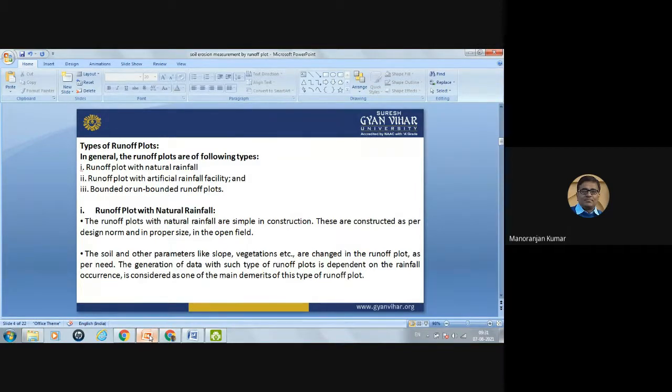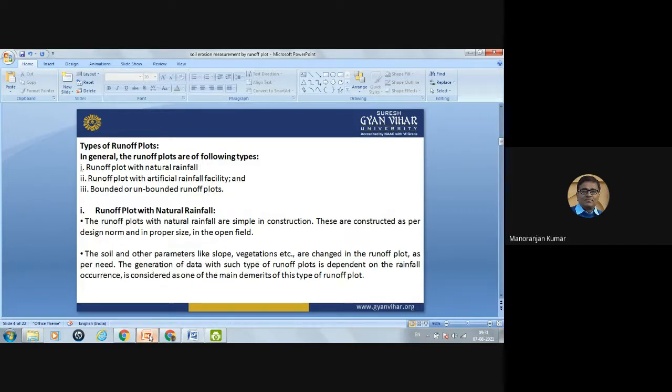Runoff plot with natural rainfall means the studies will be done with rainfall which is naturally occurring. With the help of natural rainfall, we can study how much soil loss there is in that field. Second is runoff plot with artificial rainfall facility.